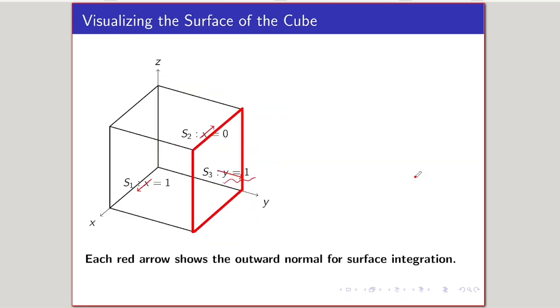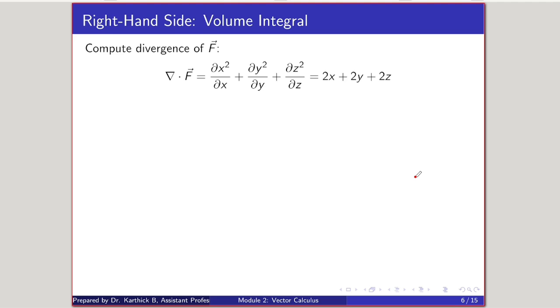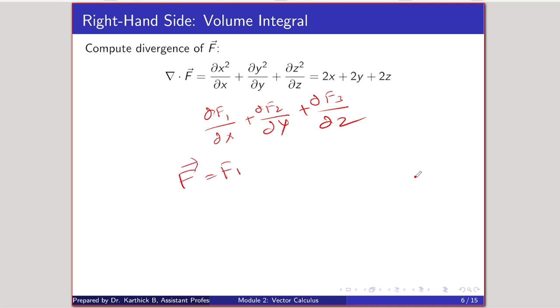First we will find the gradient dot F vector, which means dou f1 by dou x plus dou f2 by dou y plus dou f3 by dou z, where F vector is f1 i vector plus f2 j vector plus f3 k vector.